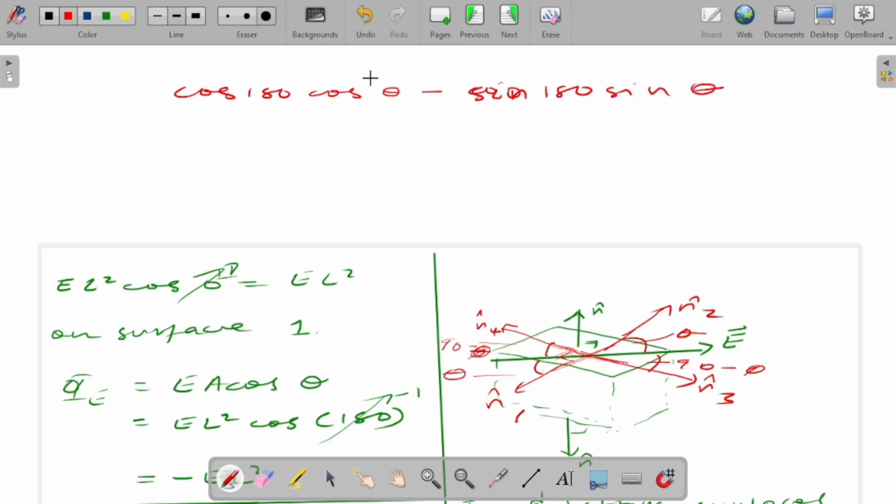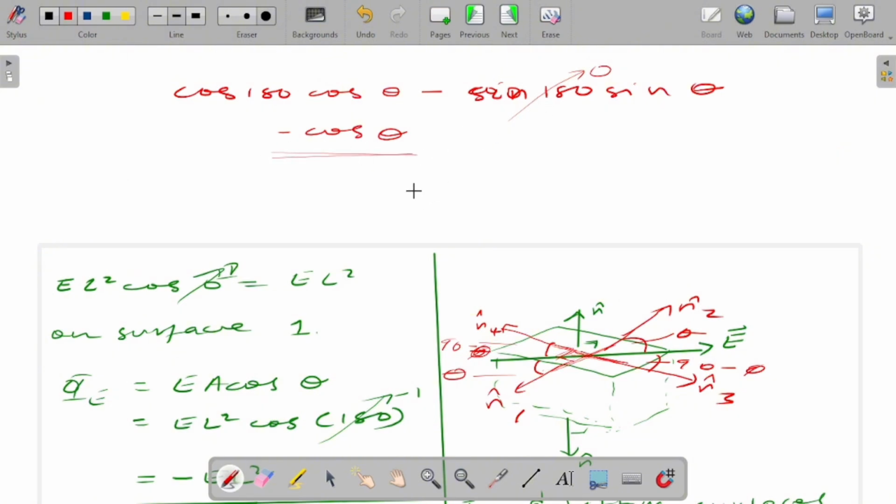So what's cos 180? Negative 1. What's sin 180? 0. So we get negative cos theta. Yeah, if it's 180 plus theta, it's going to be negative.